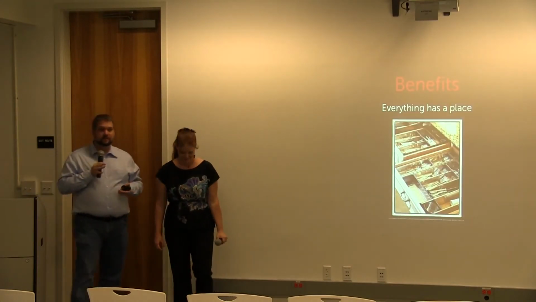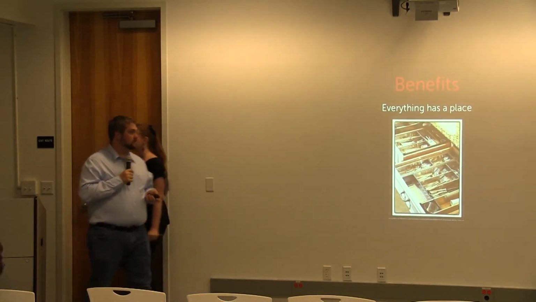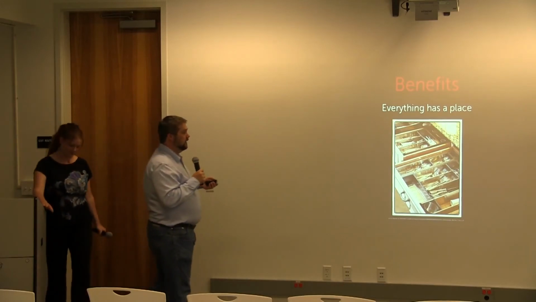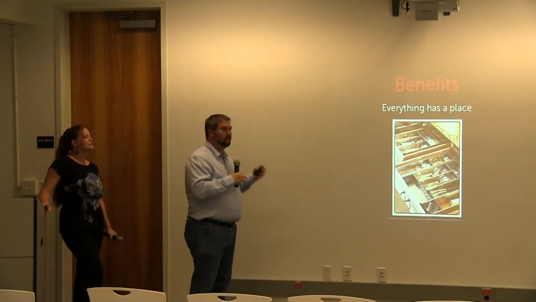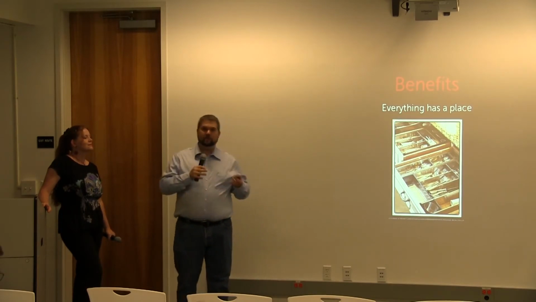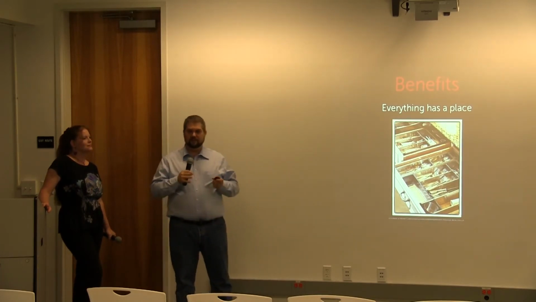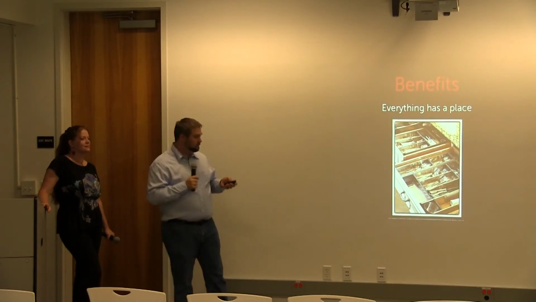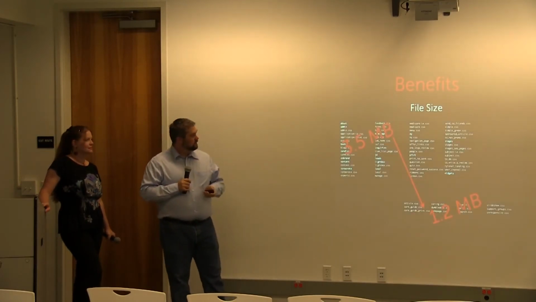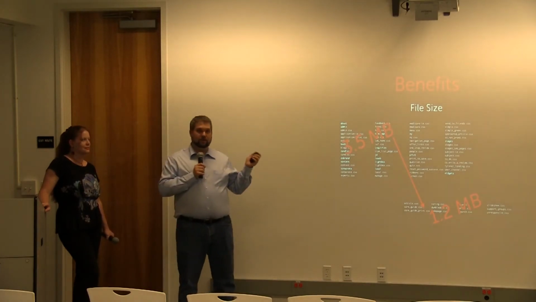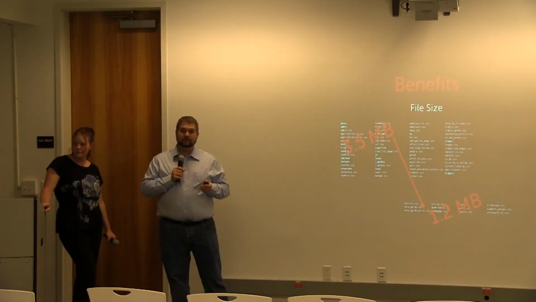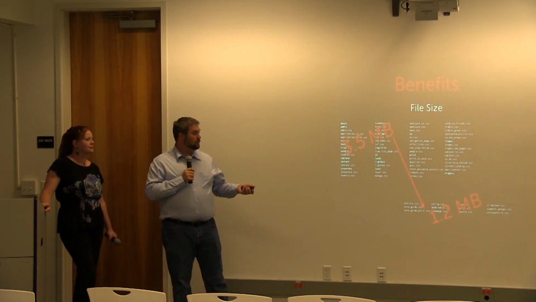So one of the big benefits of taking this approach is that everything has a place. When there's a new style, a new component, or a new app widget, we know exactly where to go and put it. There's actually not a conversation about that. Over the course of rolling out this style guide project, we went from 3.5 megabytes of CSS to 1.2 megabytes.